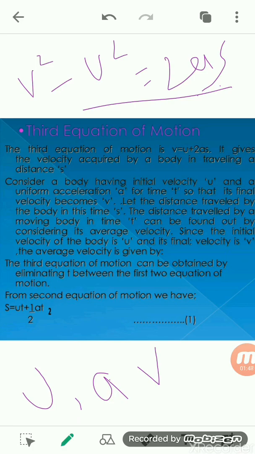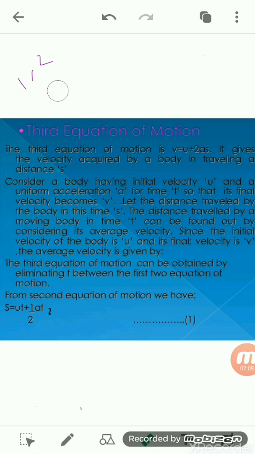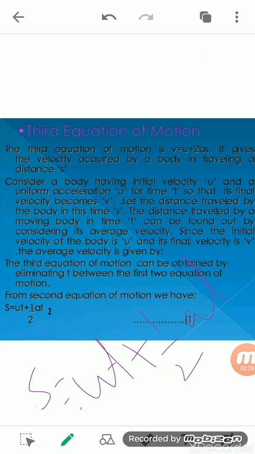The distance traveled by the moving body in a time can be found by its average velocity, since the initial velocity of the body is u and the final velocity is v. The third equation of motion can be derived with the help of the first and second equations of motion. From the second equation of motion we have s is equal to ut plus half at square.